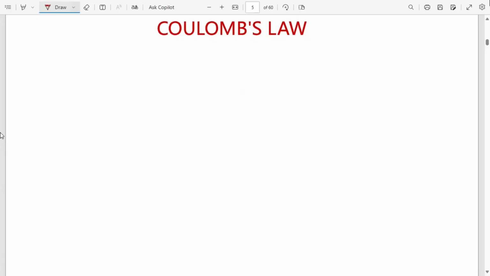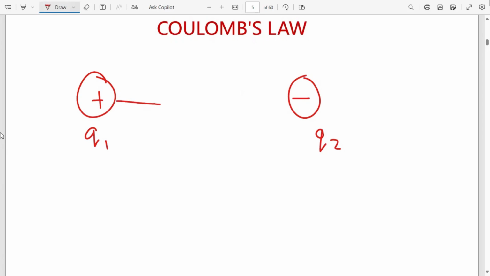Coulomb's law tells us the electrostatic force between two point charges. Let's have a charge here, I can call this Q1 as usual. Then I have another charge there, and let's call this Q2. The electrostatic force between these two charges is what is defined as Coulomb's law.